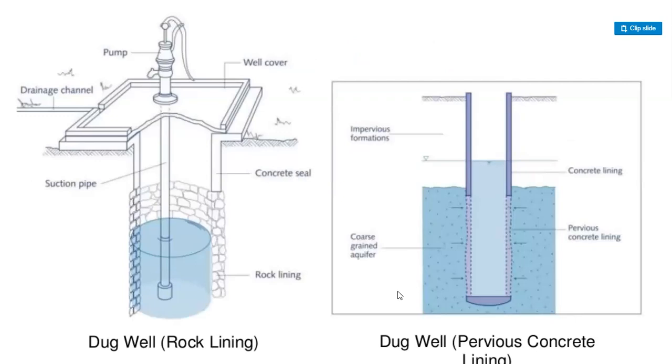Here the well cover, here the pump, and here the drainage channel. This is called the dug well with rock lining. Next is the dug well with pervious concrete lining. Coarse grained aquifer, pervious concrete lining, and concrete lining, impervious formation. These are the dug wells.